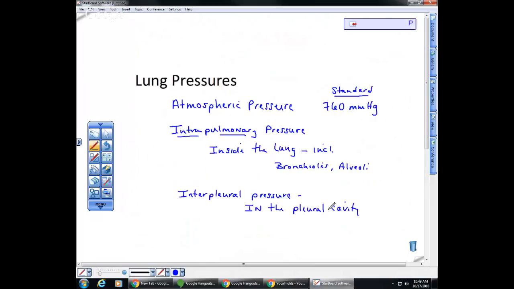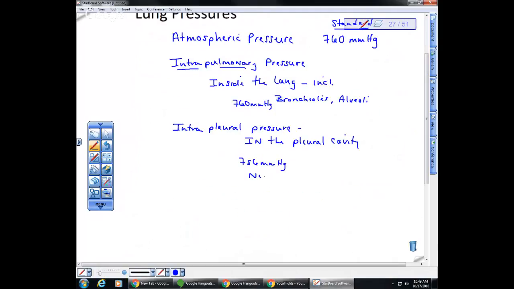So let me go back and change that. So sorry, this is intra, okay? So if this is 760, right, this would need to be 756, right? So we would say that this negative pressure keeps the lungs from collapsing.